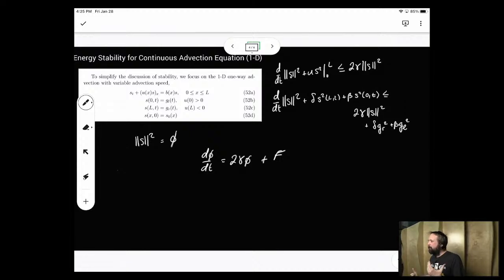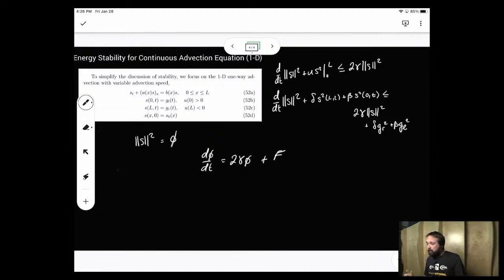Okay, so if you remember integrating factors, essentially what we do is we multiply by e to the minus 2 gamma t, do basically another chain rule or an application of integration by parts to come up with a bound for the energy.